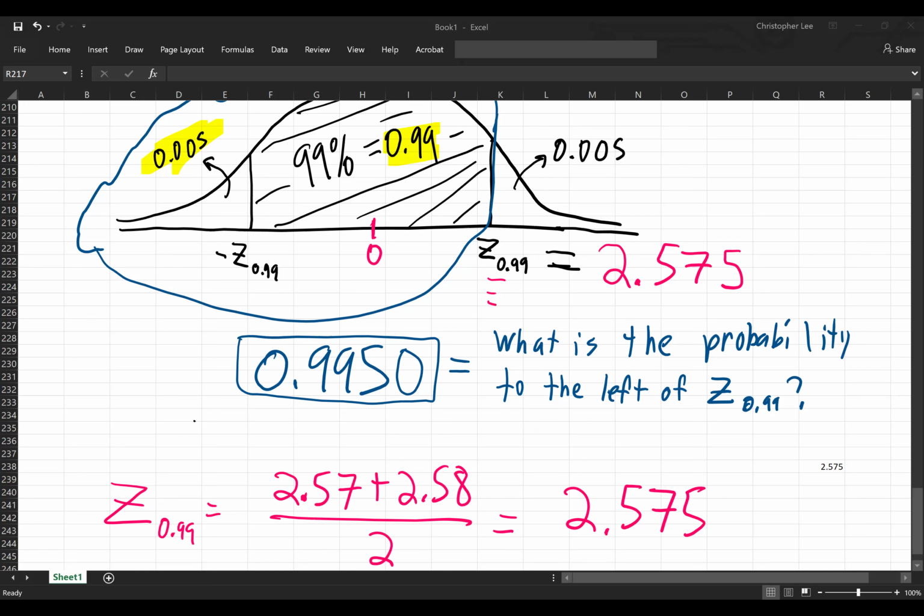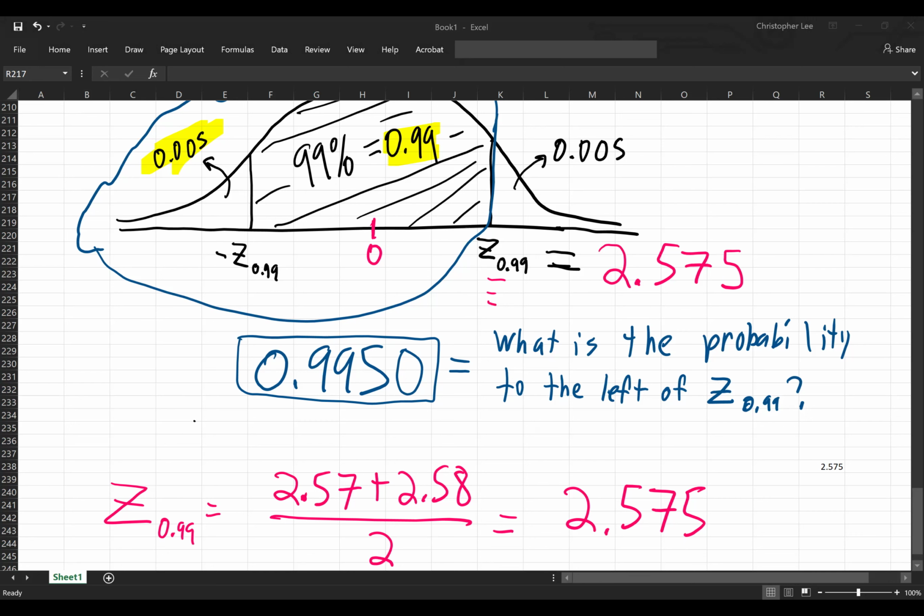The area between 2.57 and 2.58, you divide it by 2, and it gives you the Z value of 0.99. So you add the two Z values and divide them by 2, because the area that I was looking for was in between.